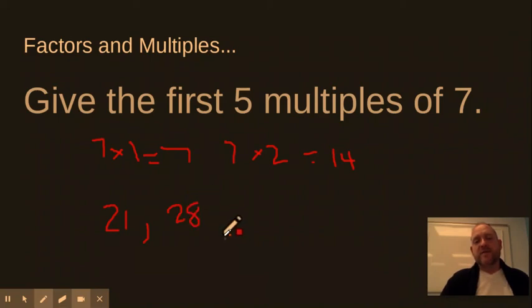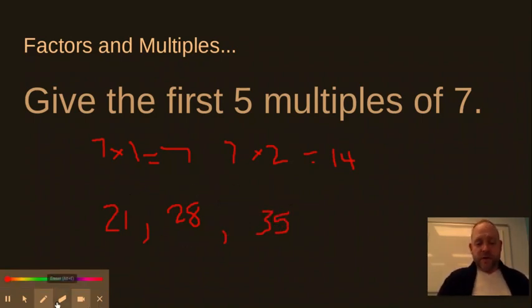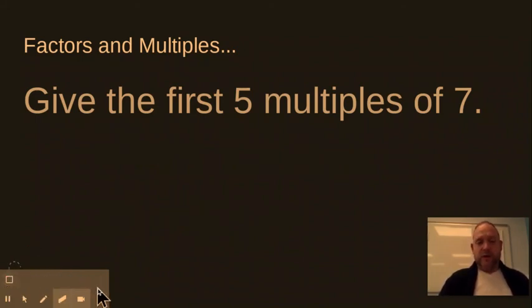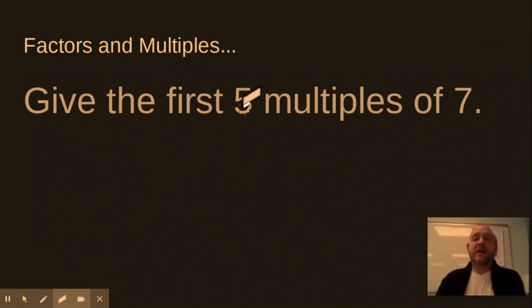And 7 times 5 is 35. And this is what we'll call the first 5 multiples, because it's 7 times 1, 2, 3, 4, and 5. So your first 5 multiples of 7 would be 7, 14, 21, 28, and 35. We'll keep working on those, but those are important to be able to do quickly in your head as we go through working with multiples, renaming decimals, fractions, and percentages.